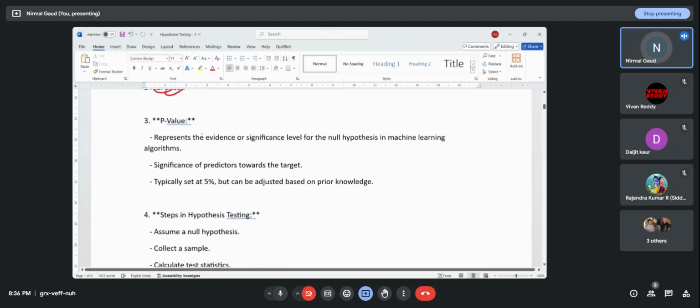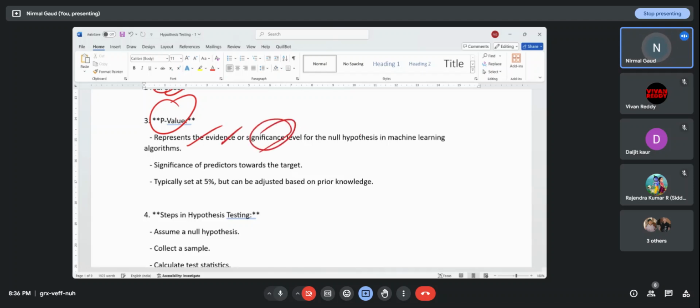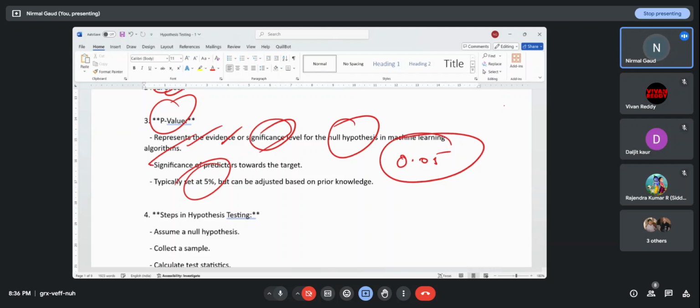There is a p-value, or probability value. It represents the evidence or significance level for the null hypothesis in machine learning, and typically it is set to 5%. So the value of p is 0.05, that is the significance level, and 95% is the confidence level. That means whatever we are saying in the hypothesis is likely to be true, that it may fall in the region of 95%.